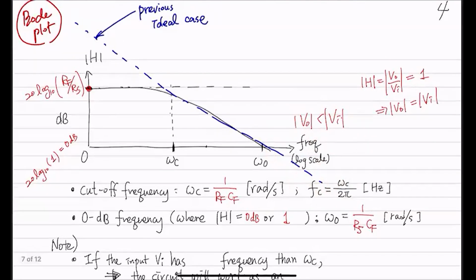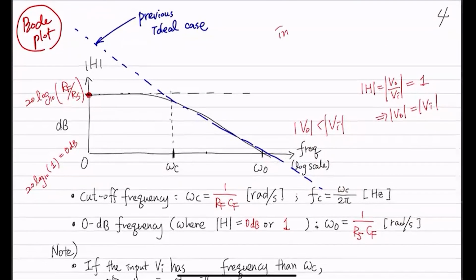Got that? So this frequency, you generally don't want to use, because think about it. Your goal is to get the integrated signal of VI. So your goal is to find the integral of VI. But what if the output you're getting is tiny compared to your input? That's not good, right? You want to have a decent amount of voltage coming out.